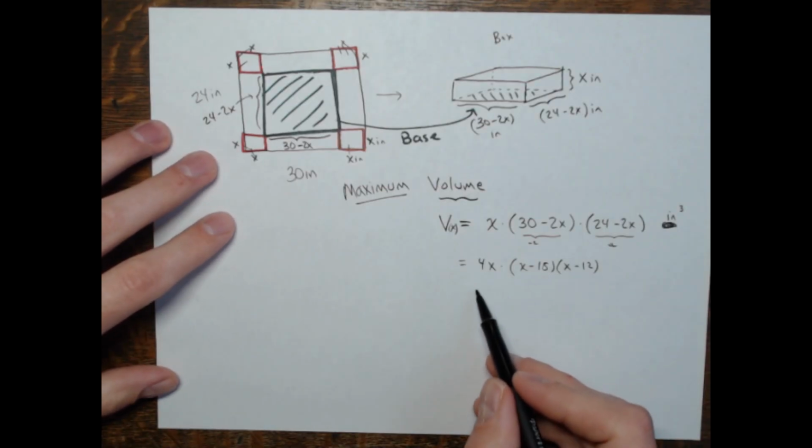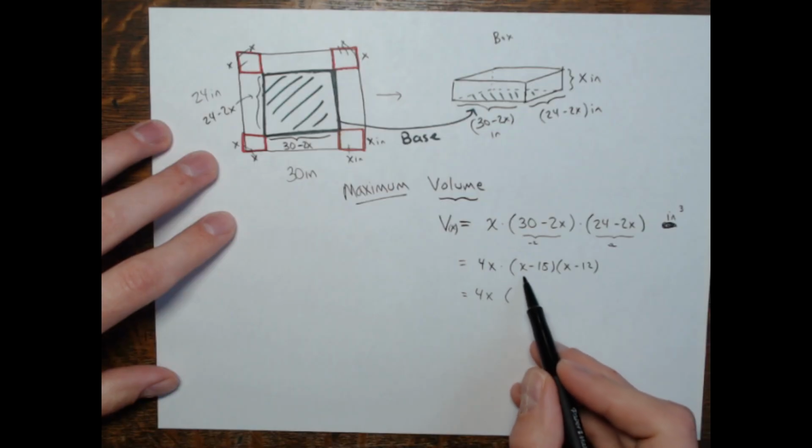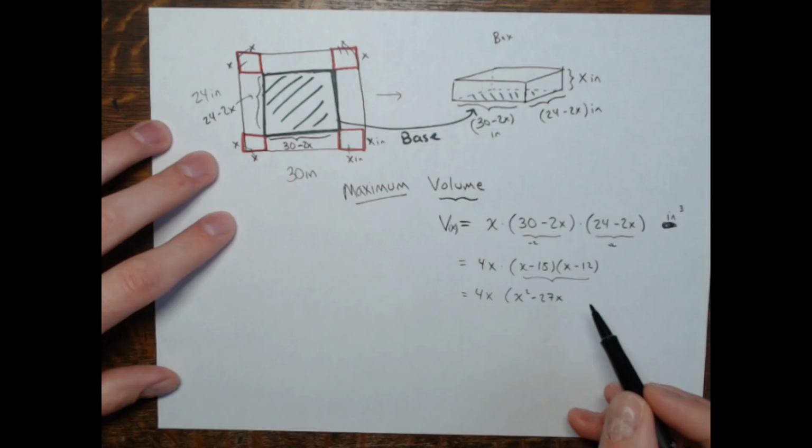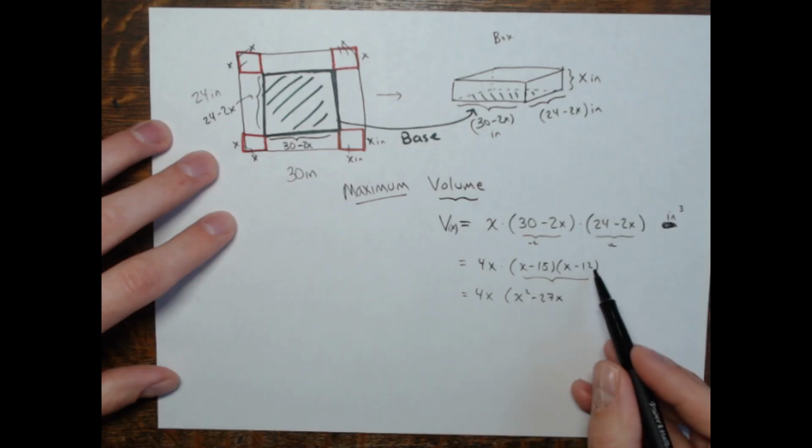And then if you want to multiply it out further, 4x times, and then these two, x minus 15 times x minus 12, would be x squared minus 27x plus 180.